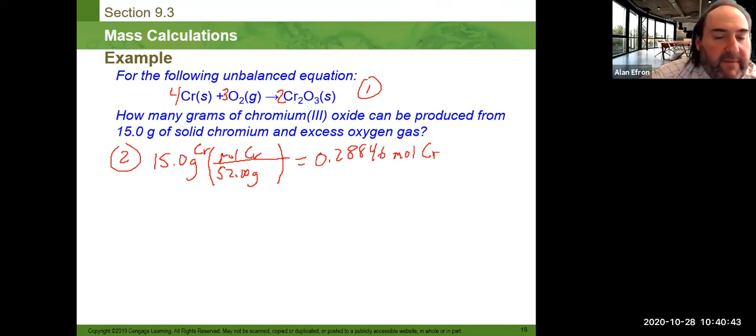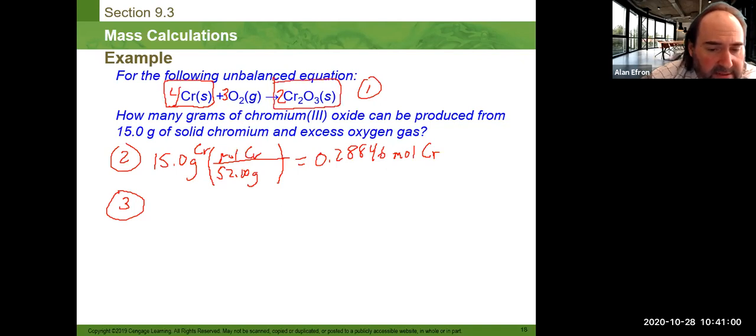At this point, we've now got it to moles of chromium, but we're not really interested in chromium. We're actually interested in the chromium 3 oxide. So this is our 3rd step, which is our mole to mole relationship. That is our chromium here, which is what they gave us. We're interested in our chromium 3 oxide.